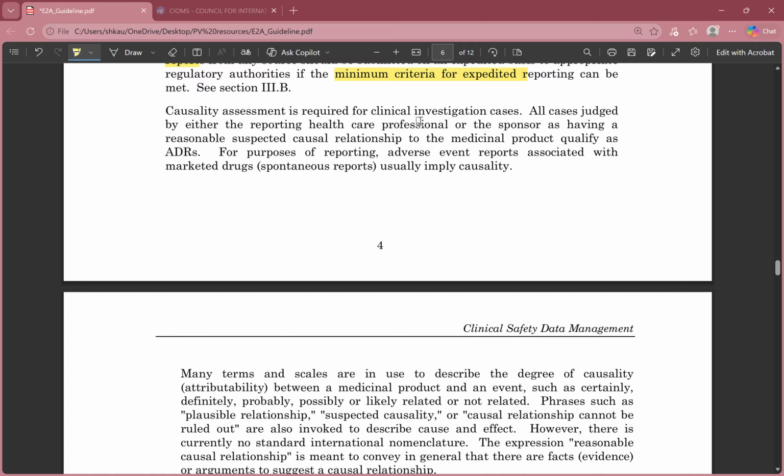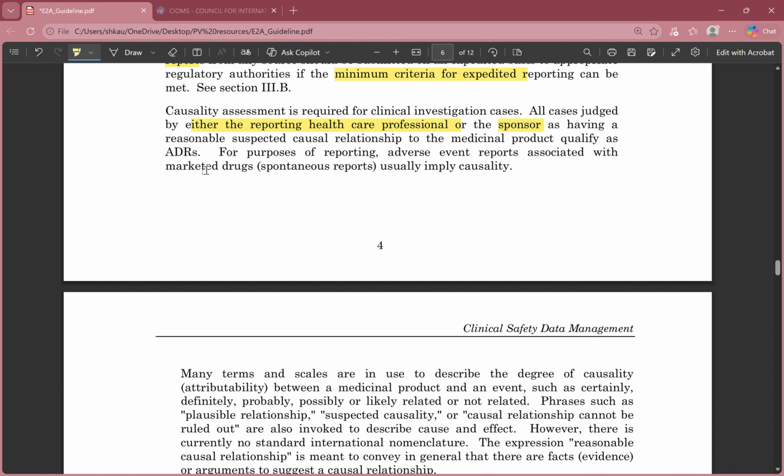So all the cases should be judged either by the reporting healthcare professional or by the sponsor as having a reasonable suspected causal relationship to the medicinal product to qualify as ADRs. What they're trying to mention here is that in any clinical trial, every adverse event must be assessed to see if it is caused by the drug or not.